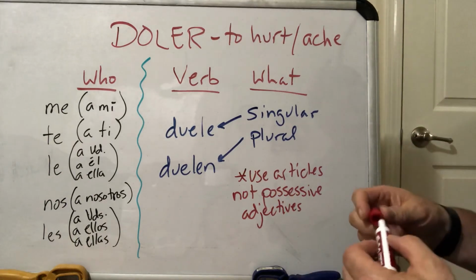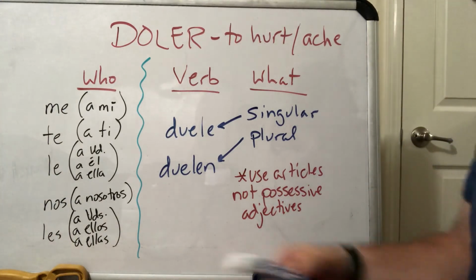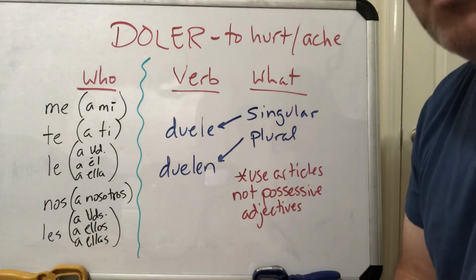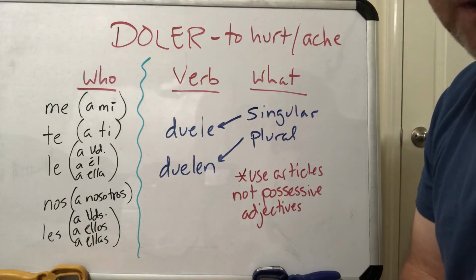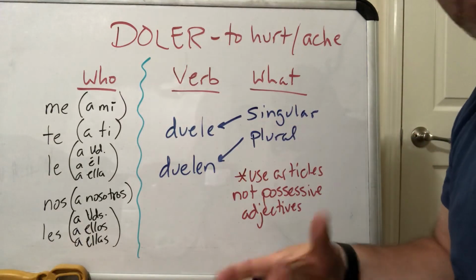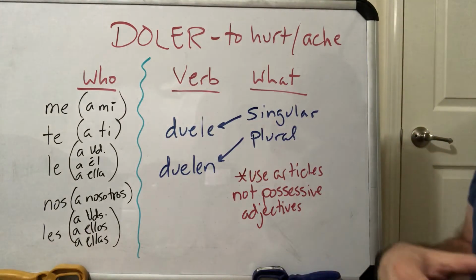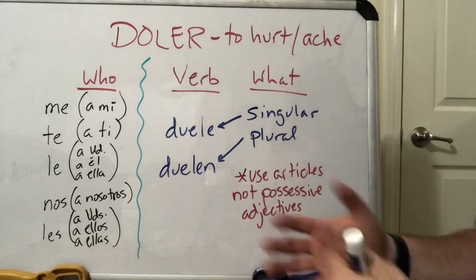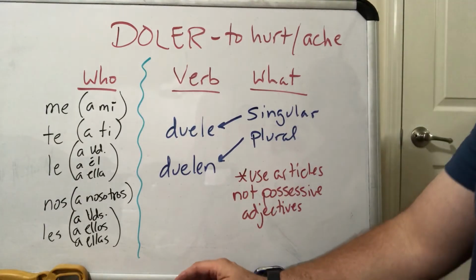So normally in English we say, oh, my arm hurts, and we don't include the me. We just assume that's part of it. My arm hurts. We don't ask who does it hurt? We know it's hurting you. Oh, my leg hurts.